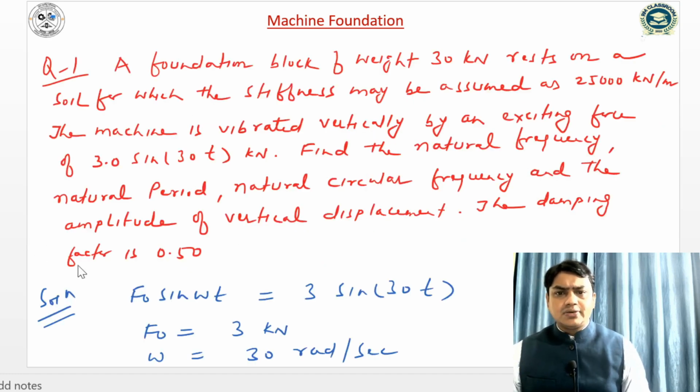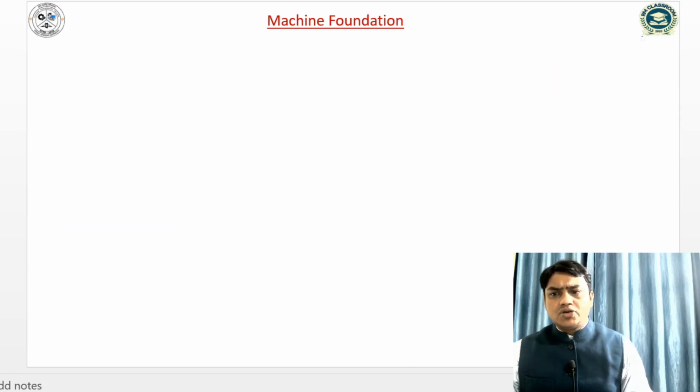Similarly, we have already computed the natural frequency, natural period, natural circular frequency, and now the amplitude of vertical displacement. Amplitude of vertical displacement, n is equal to az by delta st. So az can be computed as n into delta st, and delta st is f naught by k.